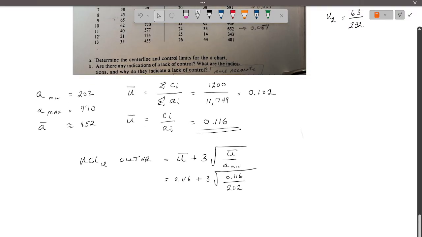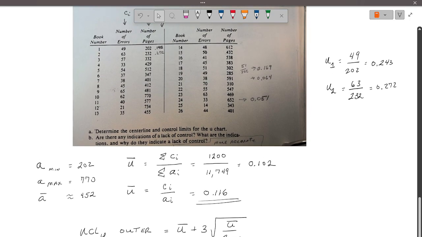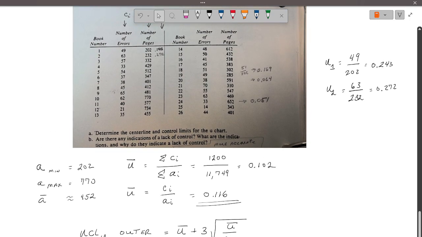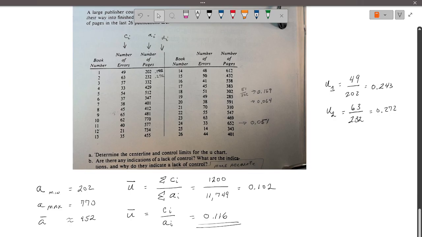Oh, I didn't explain that, did I? Hold on, back up 1 second here. So the A's I'm looking for, when I wrote down A minimum 202, it's looking at the number of pages down through here to see what was what. Okay, so the smallest one just happened to be 202 up here, and the max was 770, and that was over right there.